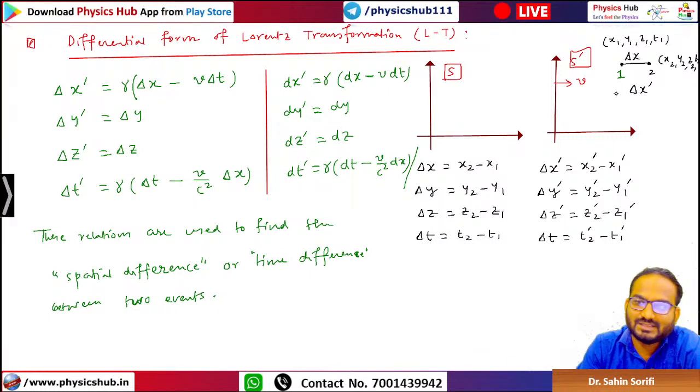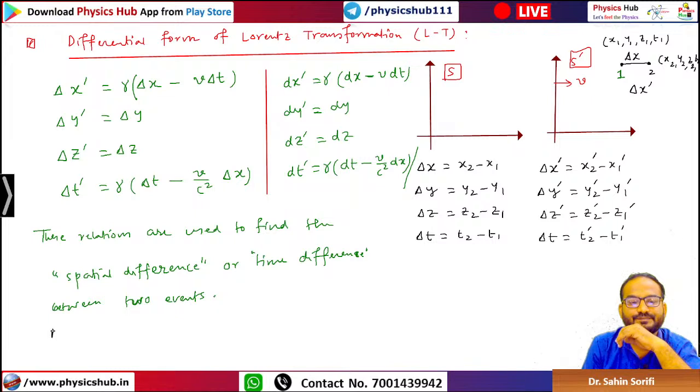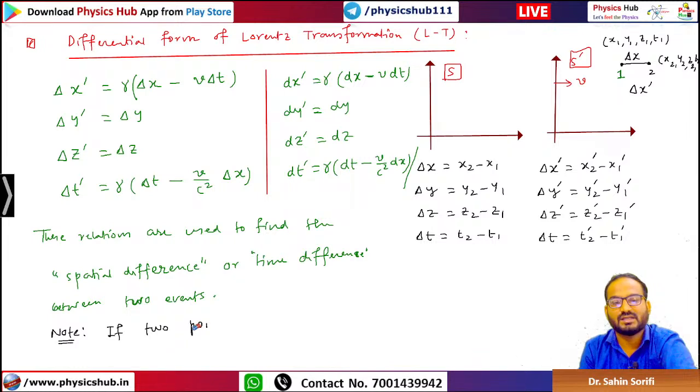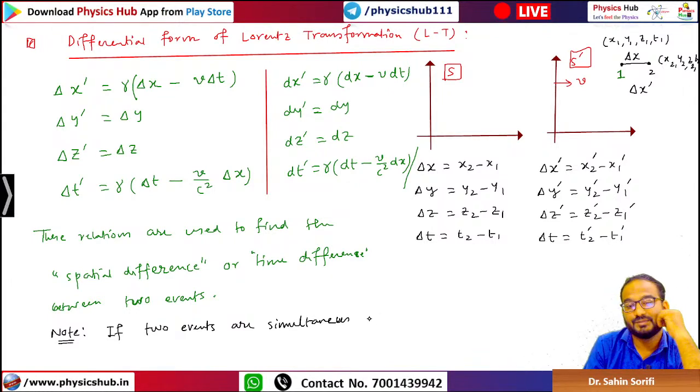Now, if two points are simultaneous, what does it mean? If two events are simultaneous, and I talk about the S frame, one point is at T2, another point is at T1.